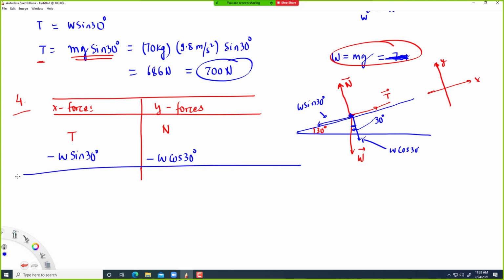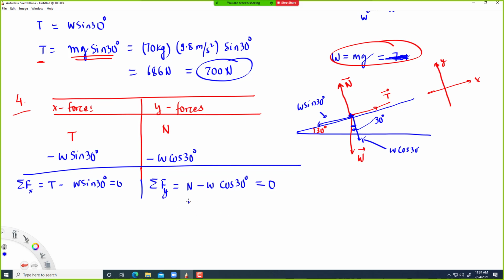This is an equilibrium state, so the sum of all the forces in x needs to be 0. T minus W sin theta is equal to 0. The sum of all the forces along the y direction is 0. Okay, and solve these two equations to find the normal force.